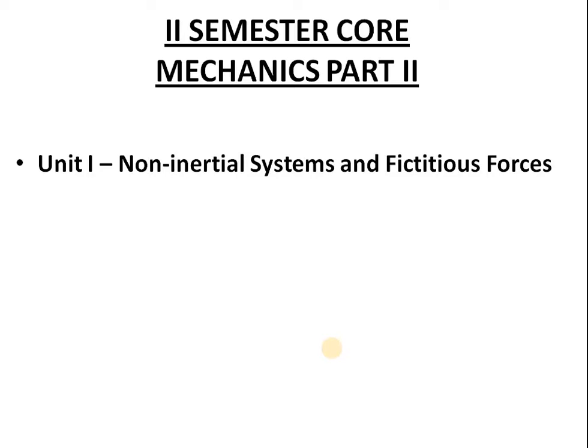So this chapter will deal with the motion of bodies when we describe them in such systems, which is an interesting unit, and some associated forces coming under such inertial or non-inertial frames, that is called fictitious forces. That will also be discussed.